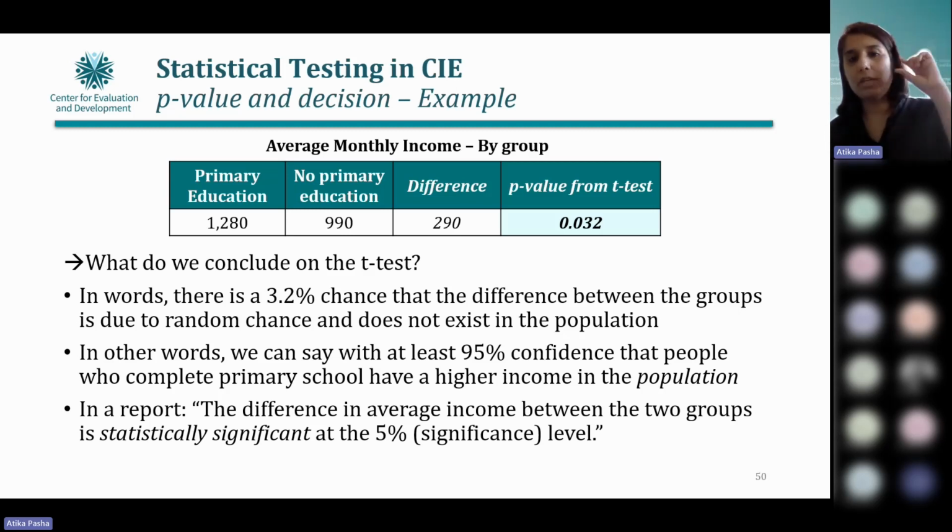Again, I just use the 95% threshold here. You can use different thresholds, but in the literature, you generally stick to 90, 95, and 99. You compare your p-value, which is 3.2%, against the 5% level, and so you're confident, right? There's a 3.2% chance that you're wrong, but you're 95% confident, and your results are statistically significant at the 5% significance level.